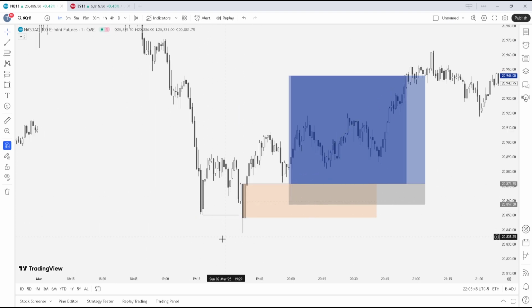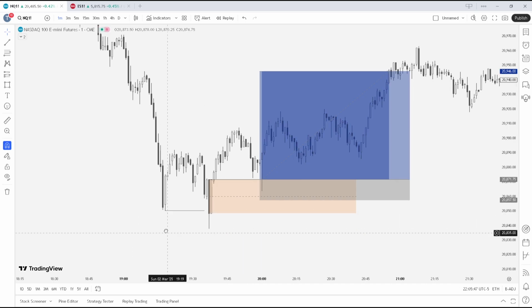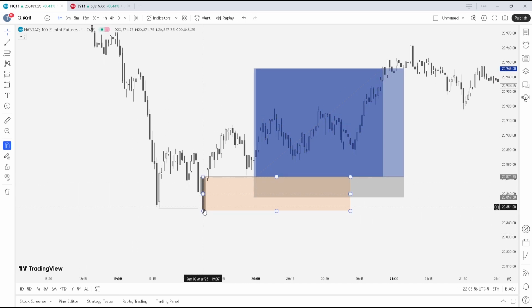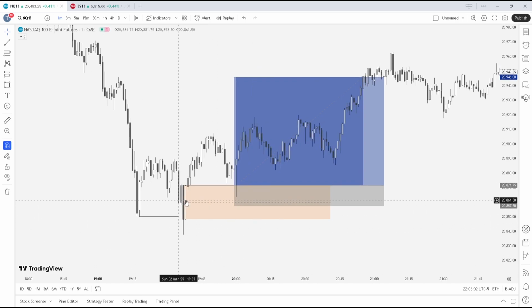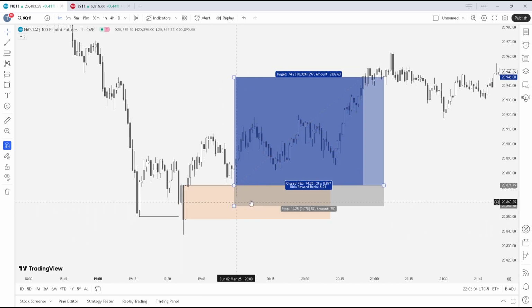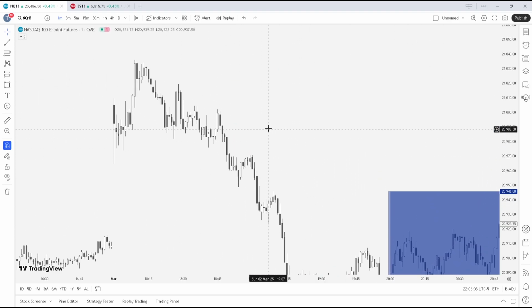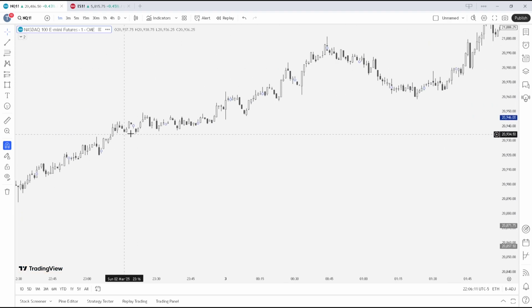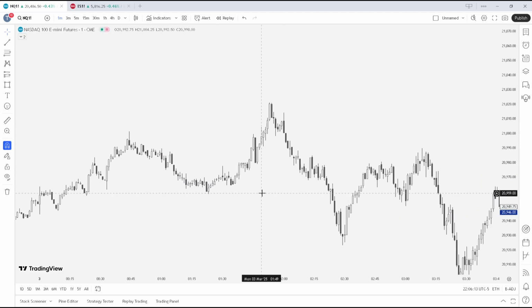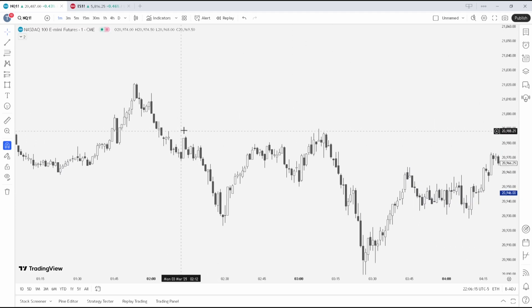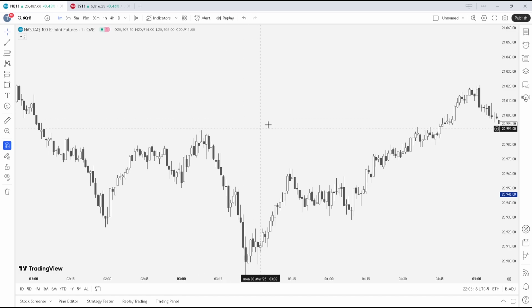So like this one, we have a clean liquidity sweep, and then we have this clean order block with a large body and not very long wicks. So this one, I would trust that the mean threshold would hold. But if you had an order block with long wicks and small bodies, then I wouldn't really want to trust that as a good mean threshold order block.